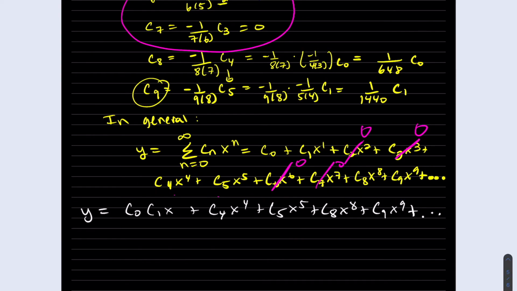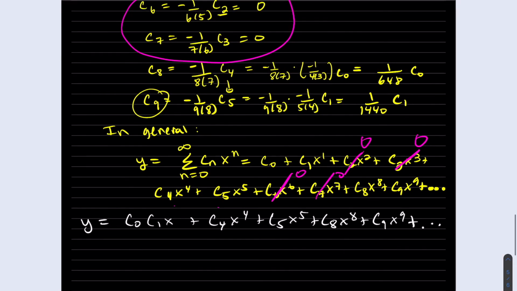Now, what I want us to notice is there's only two variables. It came with the recursion. There's only two variables. Before I do that, let's not forget to put the plus in between these. So I'm going to highlight all the C naught.